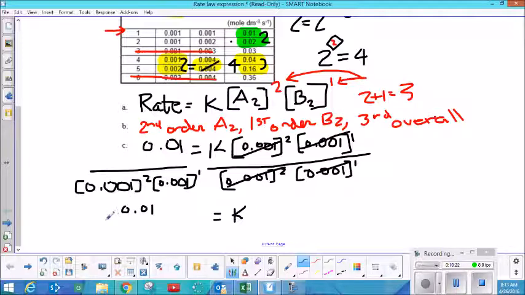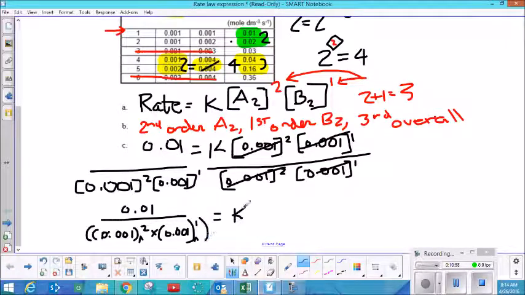0.01, and then you hit divided by. Now, many calculators require you to put the whole thing in parentheses because you're dividing by two things. So open up two parentheses, and then you have 0.001, and that is to the second power. That's your little caret button. And then times 0.001 to the 1.